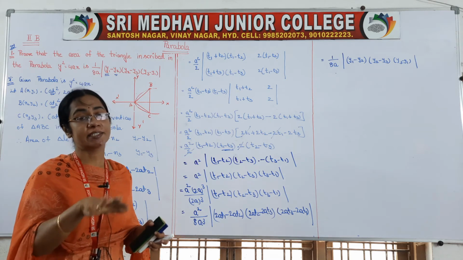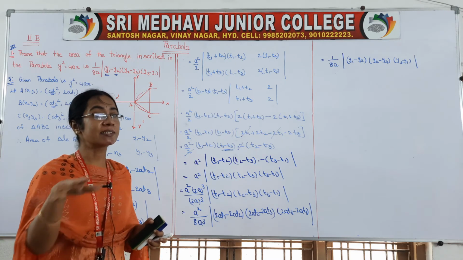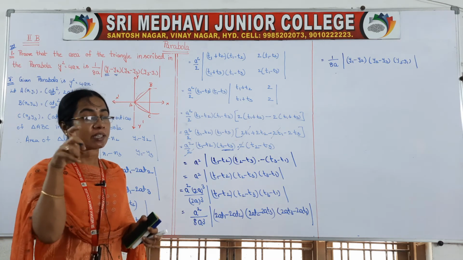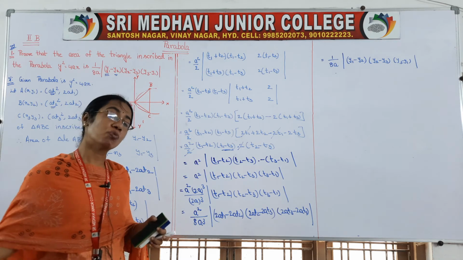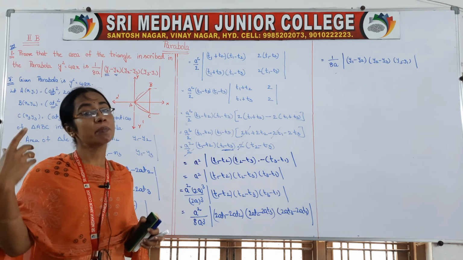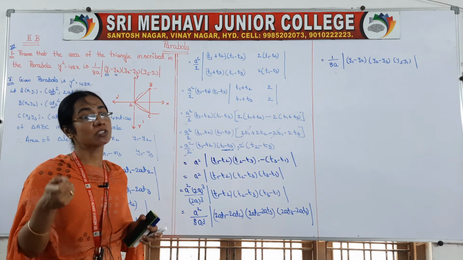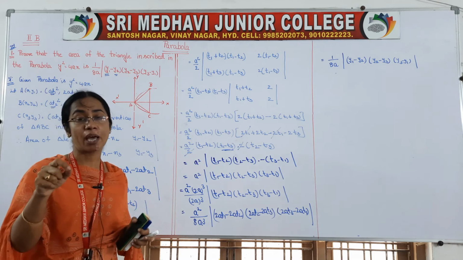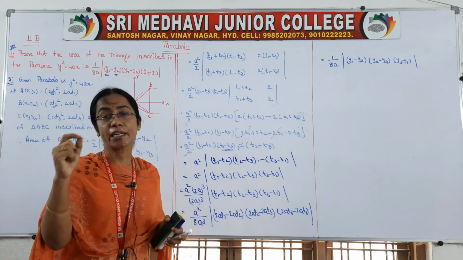Inscribed means lies inside the parabola. So where we used it: inscribed in the parabola means the vertices of the triangle lie on the parabola. So we have taken the points with respect to the parametric equations of the parabola. The point in parametric form is (at square, 2at), right.